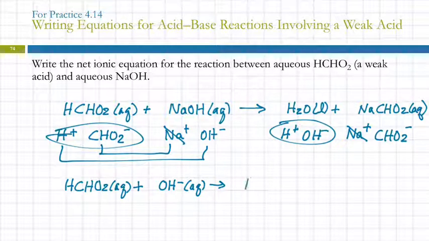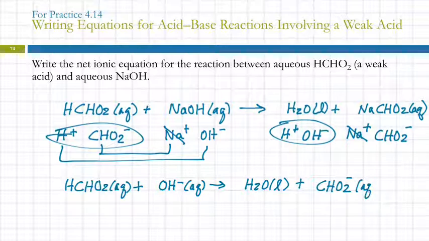And the water needs to be written as a molecule. And then over here, sodium was a spectator, so I'm just going to write the anion. And that's my net ionic equation. Any questions?